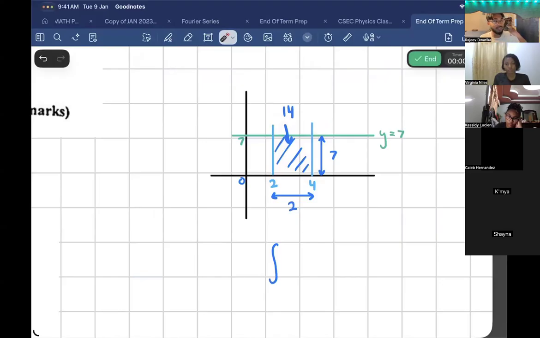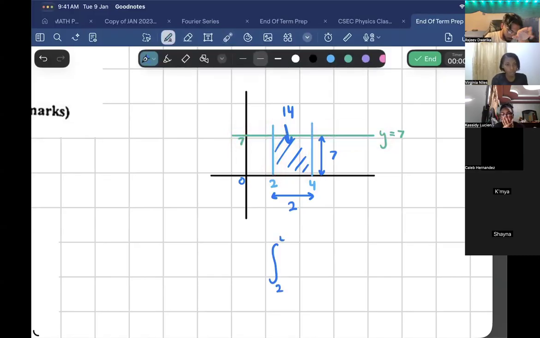I want you to think of that as what bounds the area. So Cassidy, obviously you have this line here, but what else bounds the area? The area is bounded by what two lines? 2 and 4, right? So I'm gonna put 2 here and I'm gonna put 4 here.